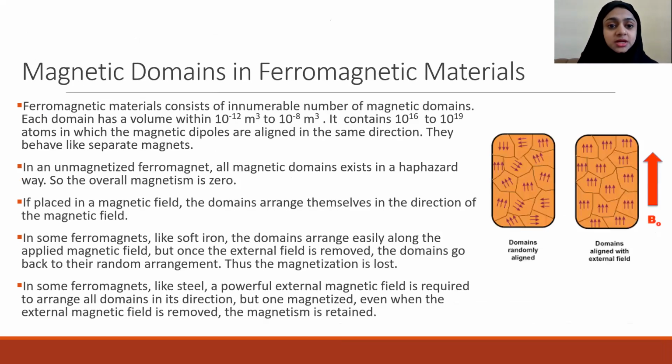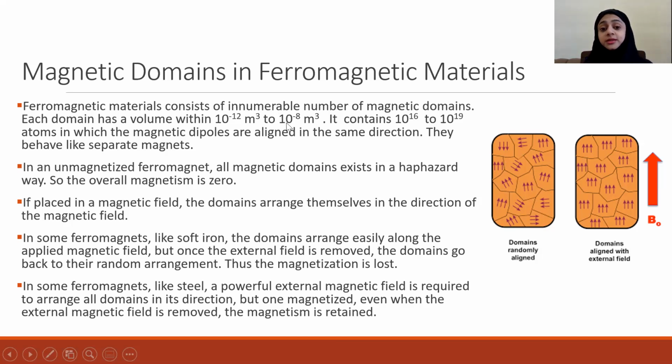Now let us learn a little more about ferromagnetic materials. Why do they show strong magnetism? In ferromagnetic materials, there are innumerable magnetic domains. What are magnetic domains? Magnetic domains are small regions within the material, and each domain has a volume within 10 raised to minus 12 meter cube to 10 raised to minus 8 meter cube.